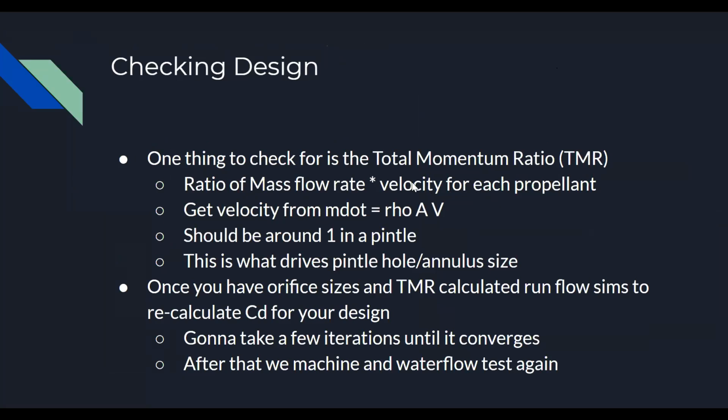To find that is relatively simple. You have the mass flow rates of the fuel and oxidizer, and then you can also calculate the velocity coming out of the injector using the continuity equation: mass flow rate equals density times cross-sectional area times velocity, so ṁ = ρAV.